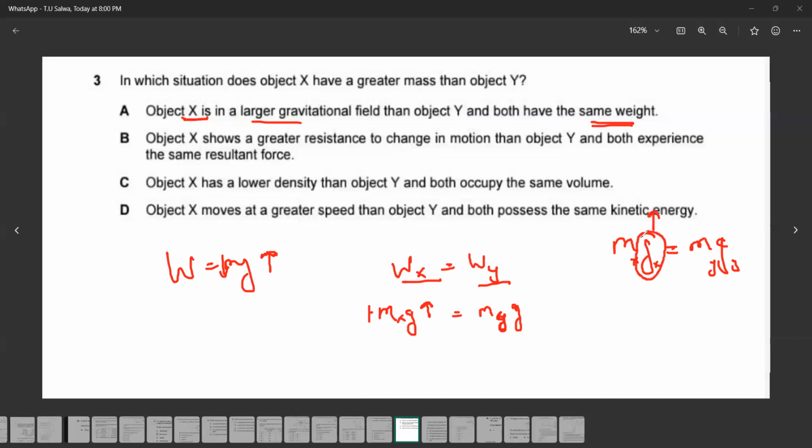So if the gravity is more, the mass should be less, because we want the product to be the same. For Y, the gravity is less, so its mass should be more.